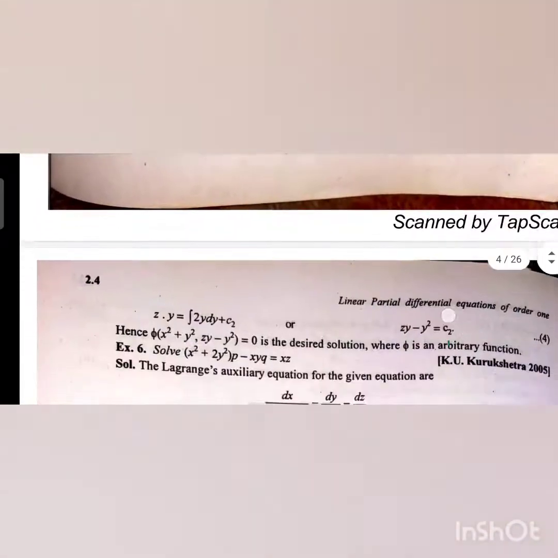Now we'll go for another question: solve x square plus 2y square, the coefficient of small p, and the coefficient of small q is minus of xy, is equal to xz.